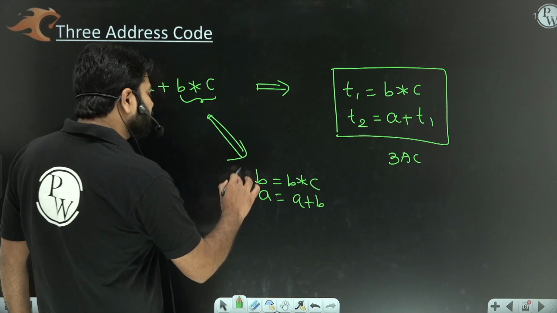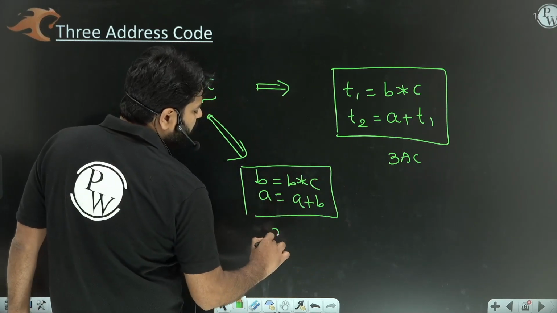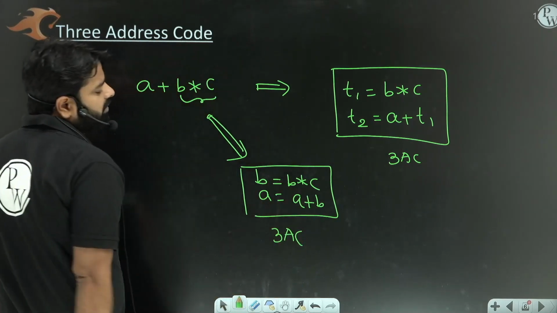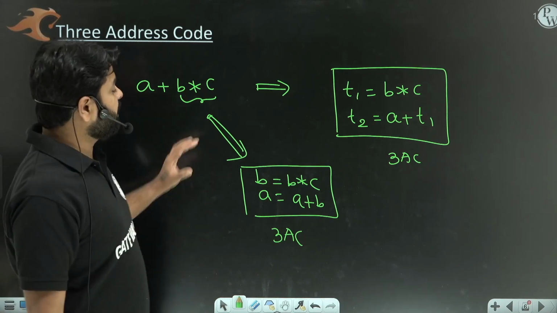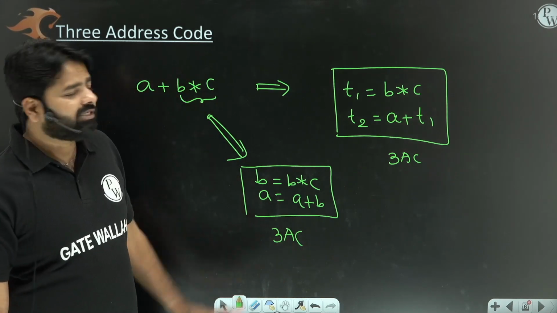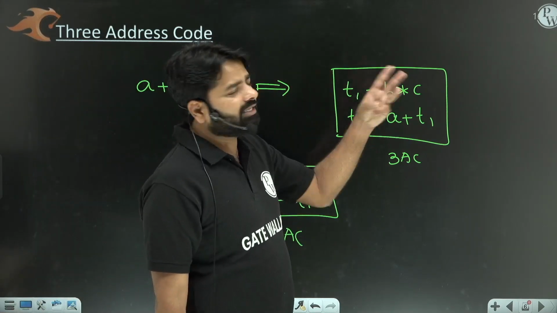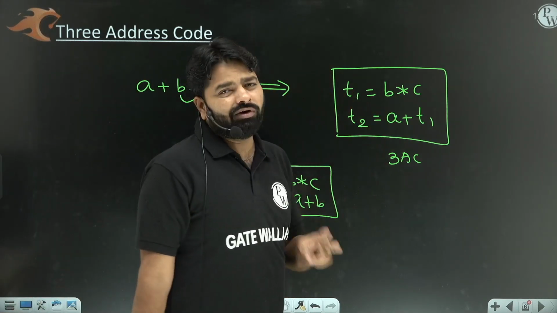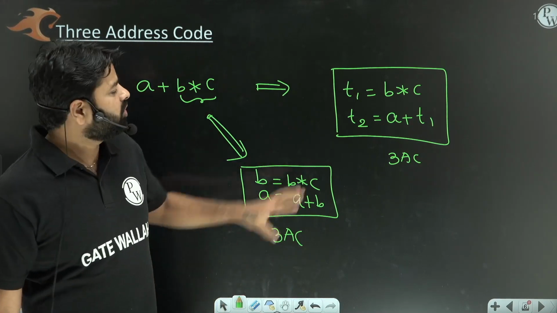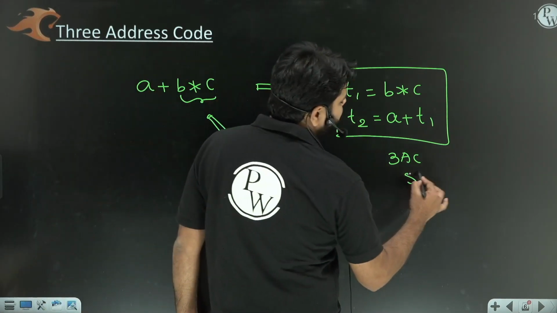So what is the advantage of writing this kind of 3-address code? You just need 3 variables for representing the whole expression: A, B, C. In the earlier version, A, B, C are given, and T1, T2 you have taken additionally, so totally you need 5 variables.